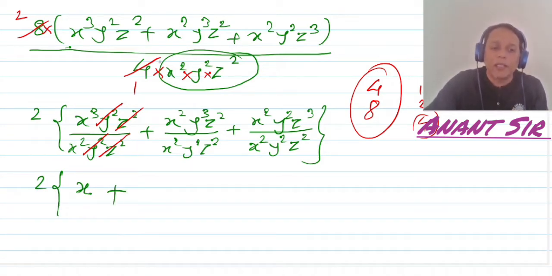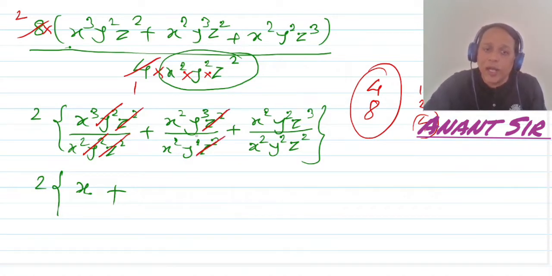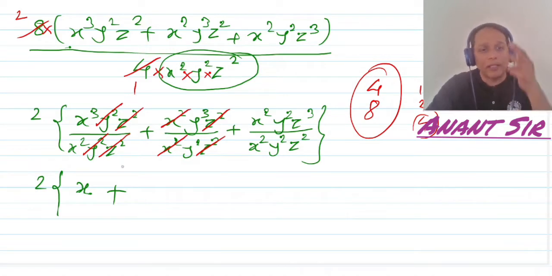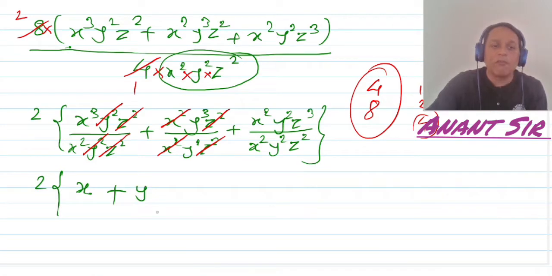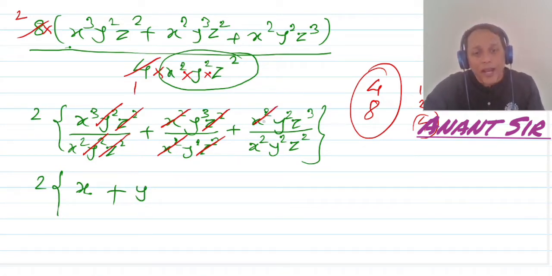Then plus, similarly for the second term now. See, z square will get cancelled. Same 2z in the numerator, 2 in the denominator. X square also gets cancelled. Now, what about that y? 3 in the numerator, 2 in the denominator. So we can write 1 y. Now what about z? X square gets cancelled.